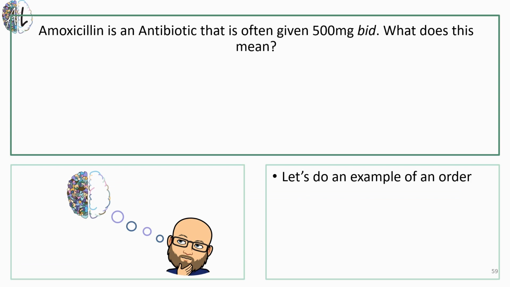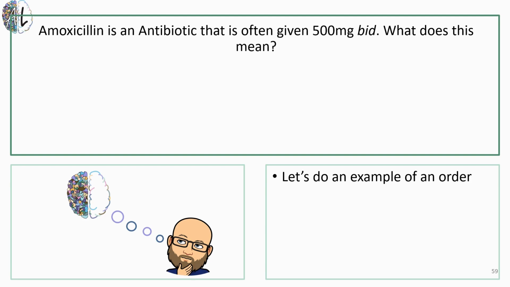Okay, let's look at a couple examples of an order that might be given. So amoxicillin is an antibiotic. You don't really have to know that for this particular section of medical terminology, but it is often given 500 milligrams BID. Given the conversation we just had, how often are you giving this 500 milligrams to your patient?